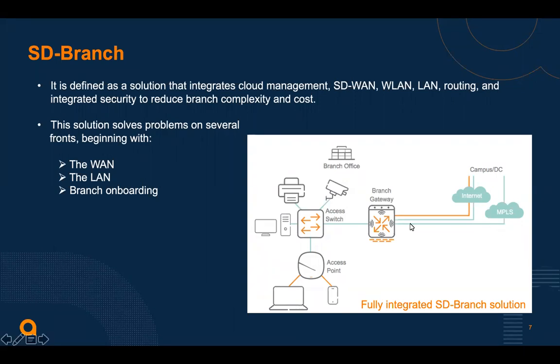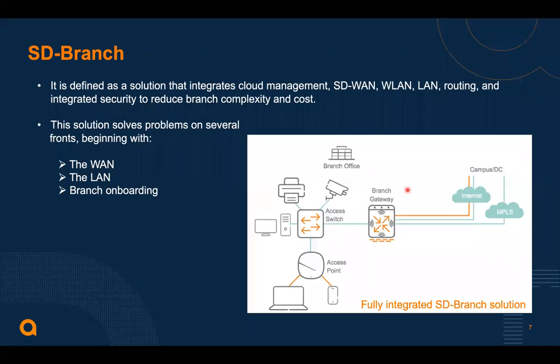So if you see in here, a basic SD-Branch solution would have a branch gateway, which would be establishing an IPsec tunnel towards the VPNC, which is in our data center.